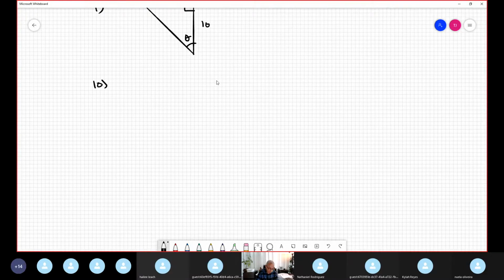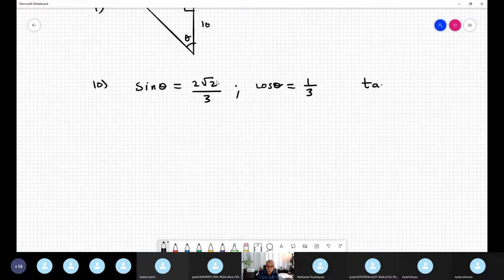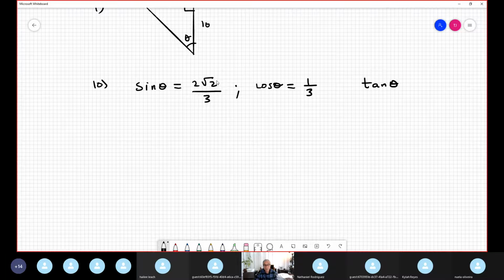Number 10 is different, no triangle is given. Given sine theta is 2 radical 2 divided by 3; cosine theta is equal to 1/3, and they want to know tangent. There are two different ways to do that.